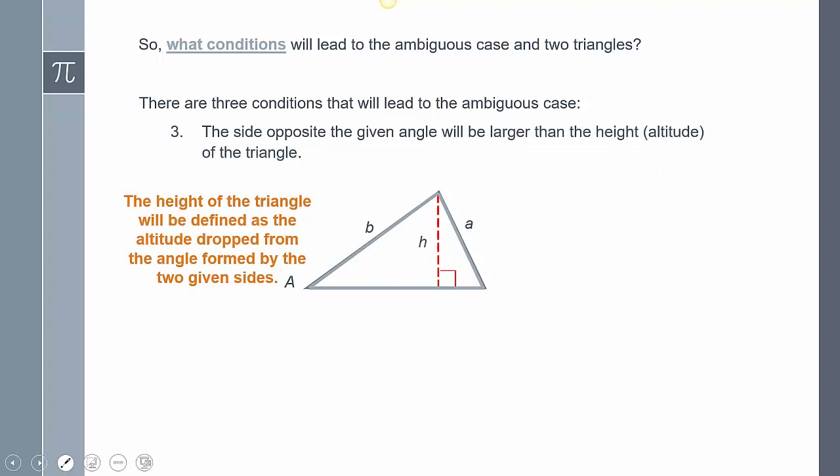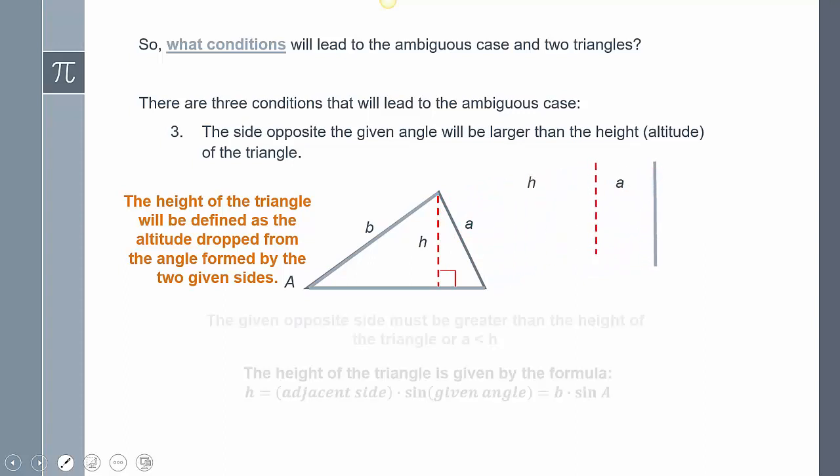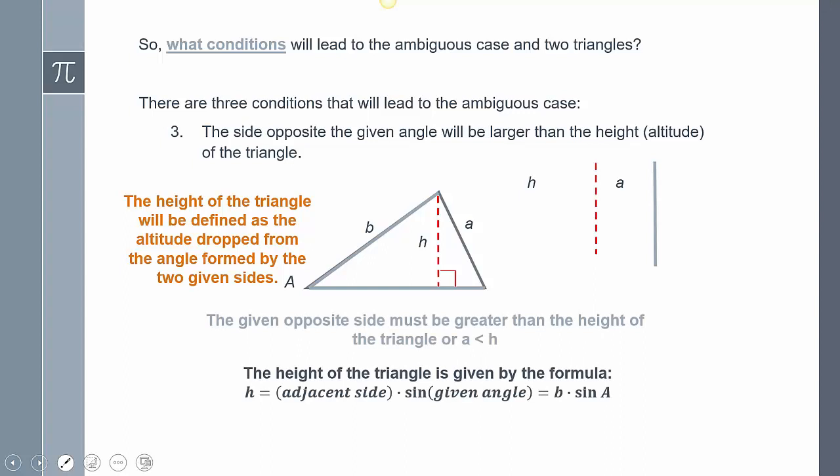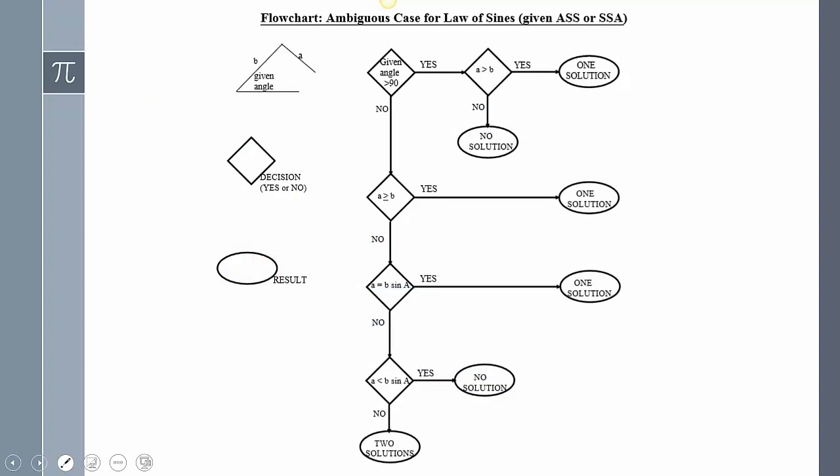And then the third is going to be the height of the triangle. And so we're comparing, is the height of the triangle compared to A, is the height smaller, is the height larger? And so we make that level of comparison. Is this side A smaller than that H?